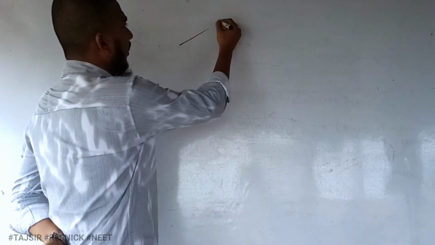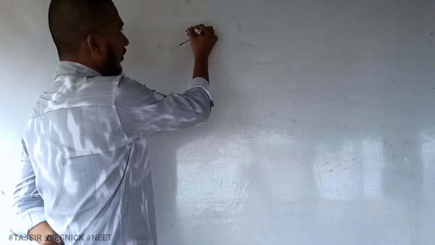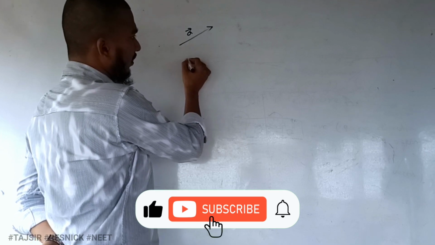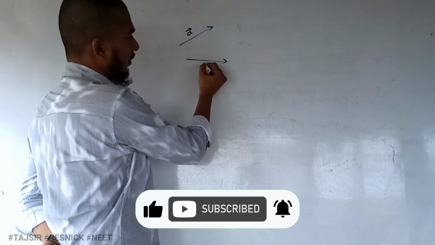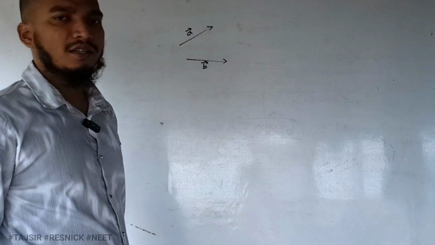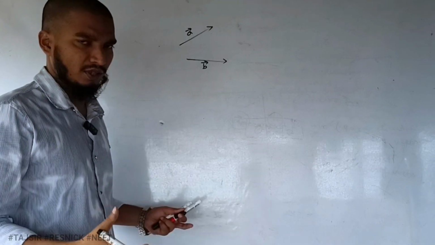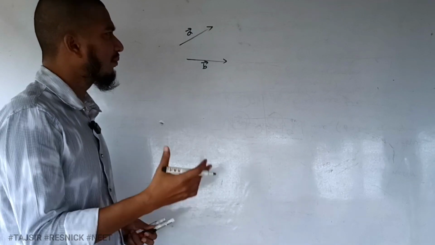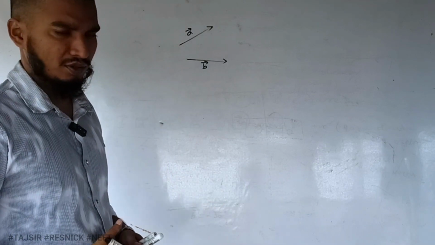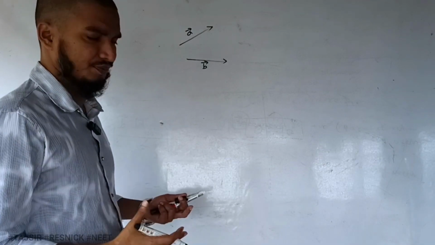Consider a vector A and a vector B. To add these two vectors, we have two geometrical laws, or two methods.